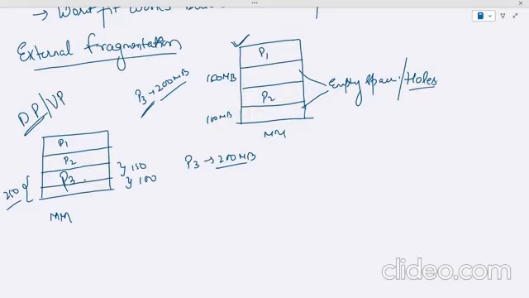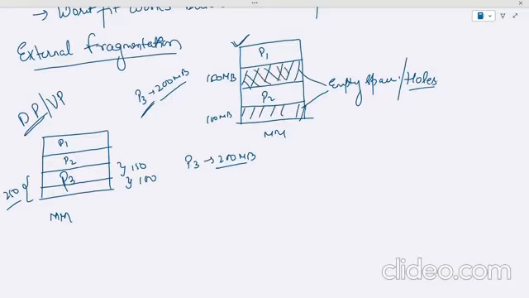Here we cannot give that space because it's only 150 and another process is already using this space, so we cannot shift it, and the other is 100 MB. But if we can shift by any method, then there is less wastage of space, because otherwise this space is not used by any process, since P3 needs 200 MB and definitely cannot use main memory.